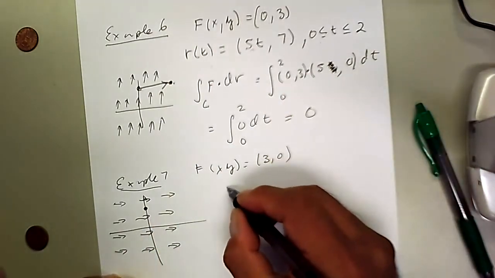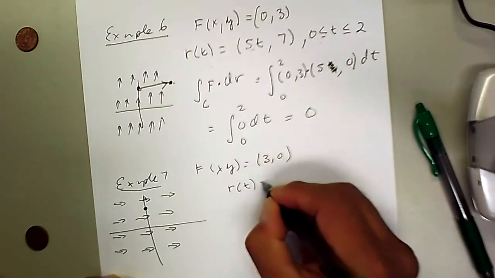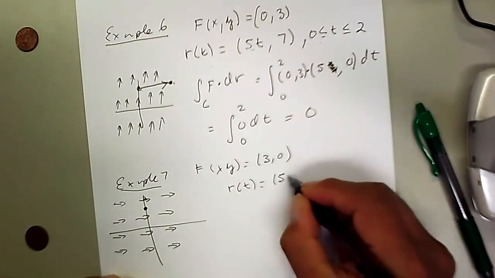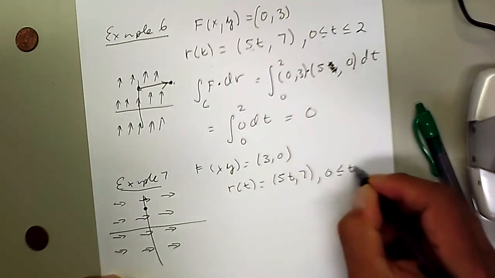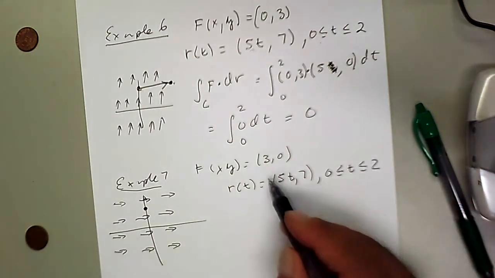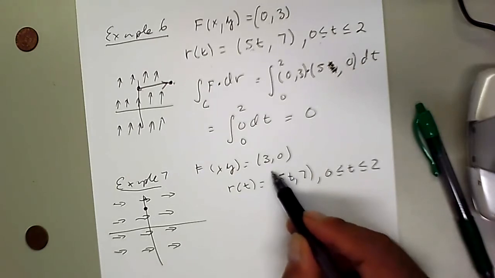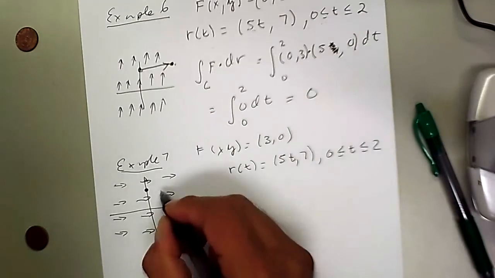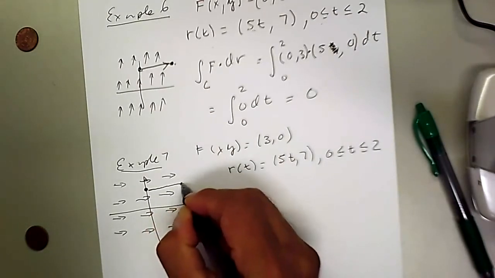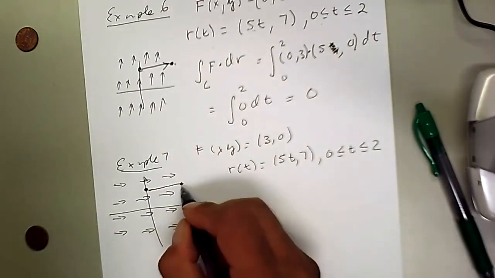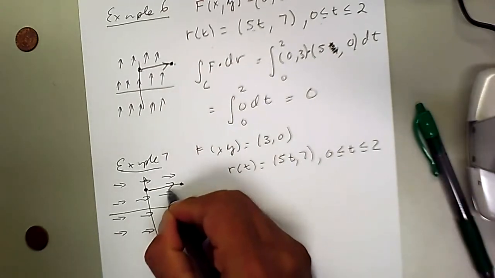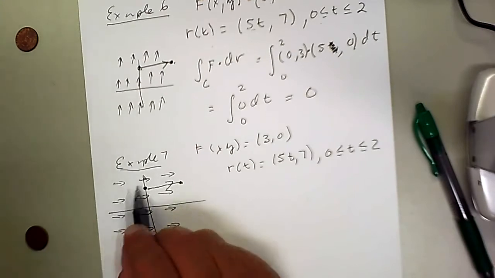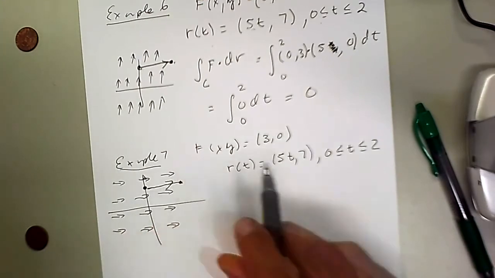So the path is still going to be <5t, 7>, 0 less than or equal to t less than or equal to 2. So we're changing this dramatically in the sense that we're going 90 degrees. The force is going 90 degrees now. So we go in the same path as here from (0, 7) to (10, 7) in that direction. So now the force contributes completely to the motion.